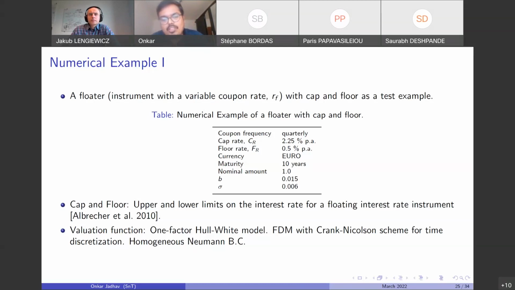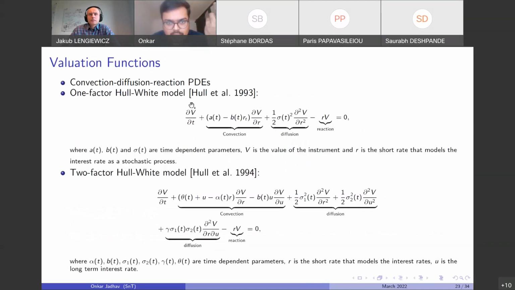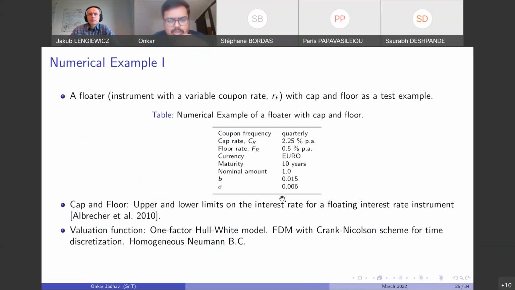So this is it, and we are solving this for any instrument, whatever the instrument is. And there are some other conditions associated with it. I would not say boundary conditions because I've used homogeneous Neumann boundary conditions, because I don't know the value of the instrument at first for that particular interest rates, so you cannot put discrete boundary conditions.